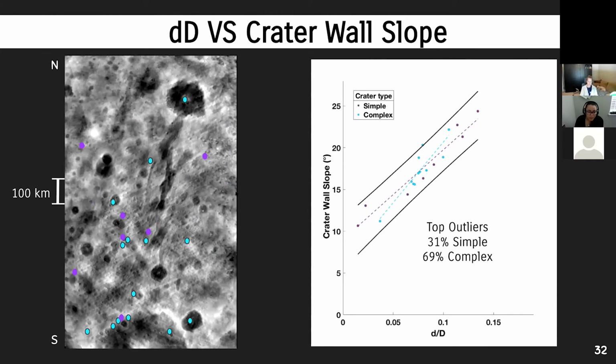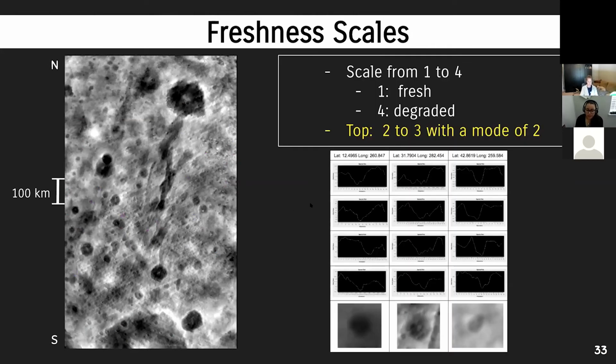As you notice in the topography on the left, they're not spatially related. So we did the same freshness examination on this family of craters, and we were able to see a mode of 2, which also agrees with the idea that these craters are younger, at the very least younger than the rest of the other families that we saw.